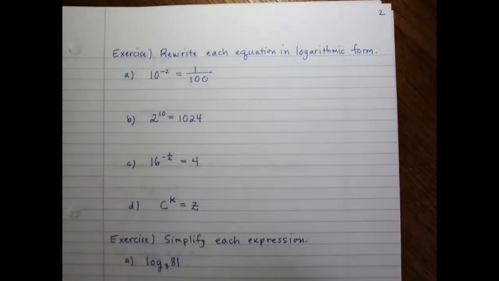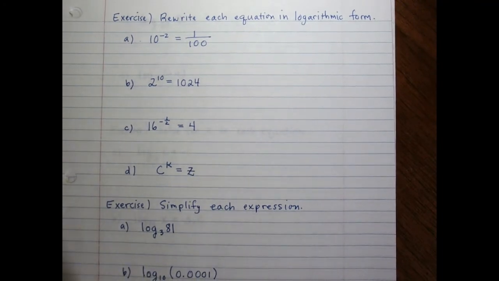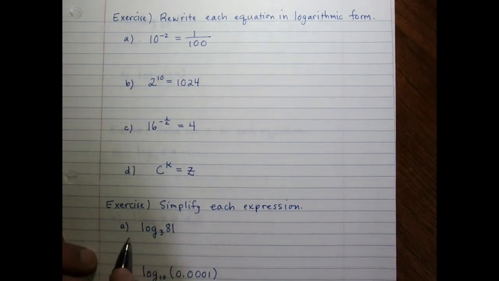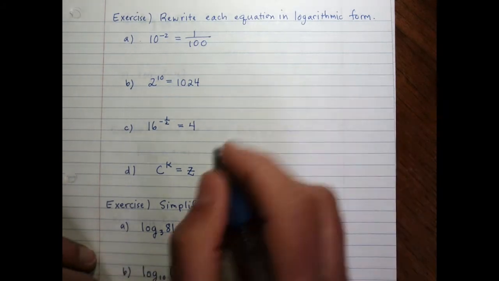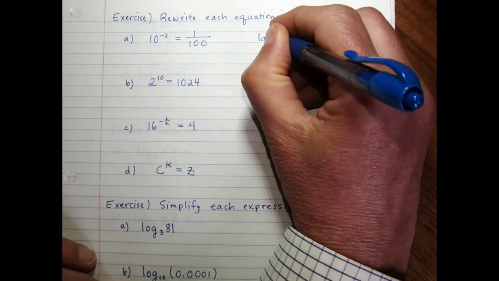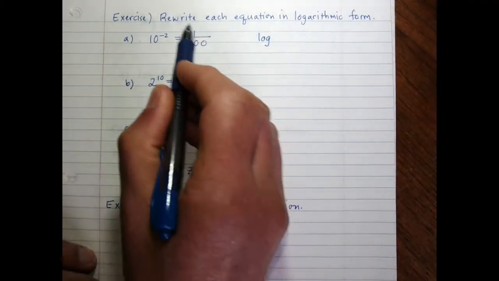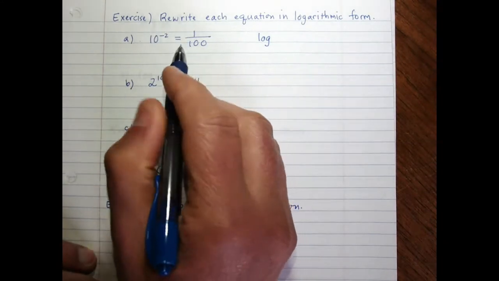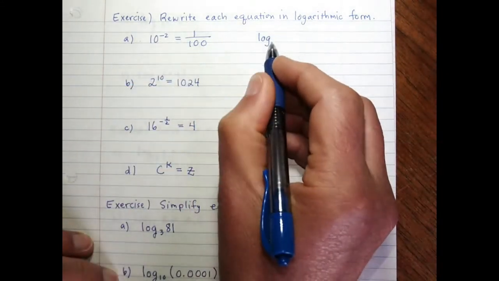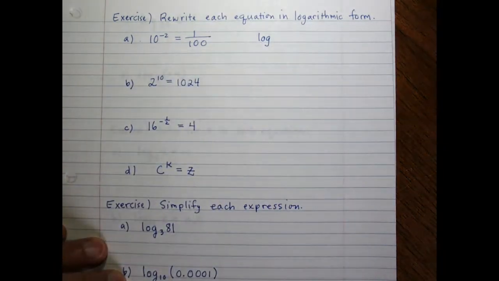Now what we'd like to do is change the direction, take some exponential expressions and rewrite them in log form. So each one of these we're going to convert to log. And now how do I start converting this to log form? Well, the subscript, the b base, is always the base of the exponential.